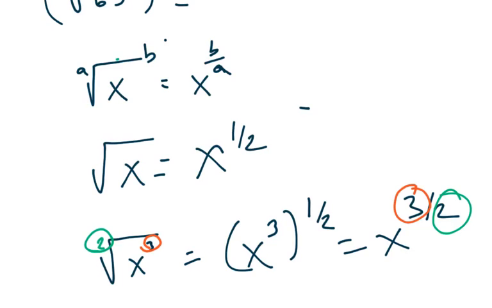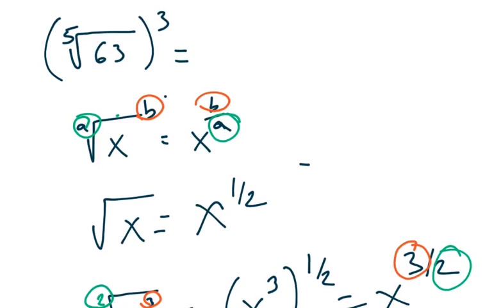And that's all that this is saying right here, that the index goes to the bottom, and that the exponent goes on top. Okay? So if that's true, then I can rewrite this as 6 to the 3/5. 5 is on the bottom, 3 is on the top. And that's it. That's all you've got to do.